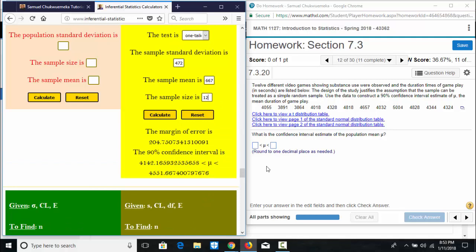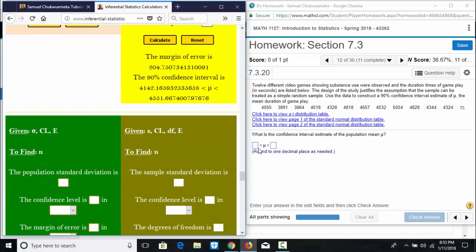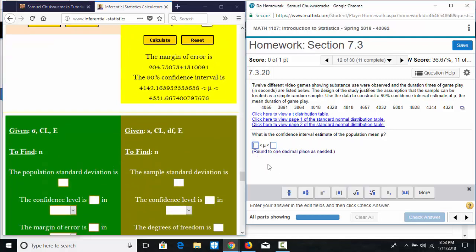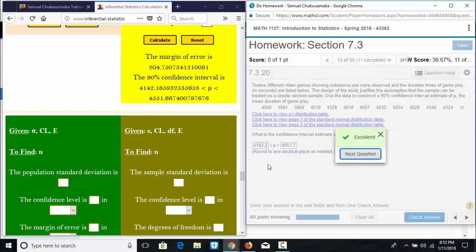Okay, enter. So the lower bound to 1 decimal place is 4142.2, and then the upper bound is 4551.7. Okay.